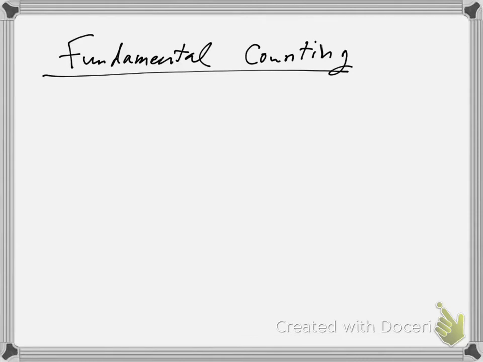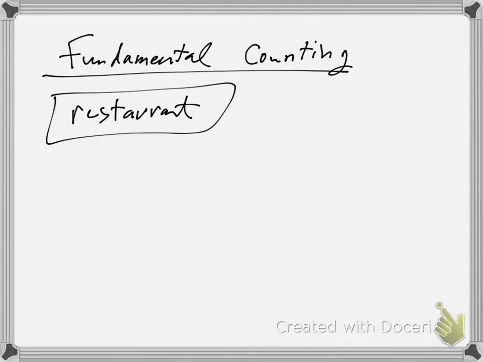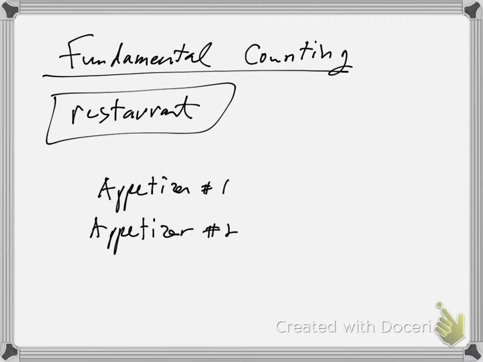if I go to a restaurant, let's say, this is a common motivation for these problems. If I go to a restaurant and I've got two appetizers, and then I've got three main meals I could have: main dish number one, main dish number two, and main dish number three.